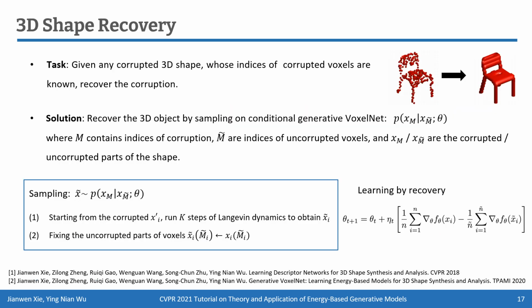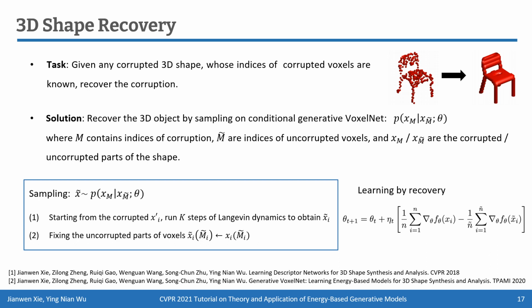3D shape recovery is another interesting application of the generative VoxelNet. Given a corrupted 3D shape with known voxel positions of the corruption, the goal is to recover the corrupted voxels. Here, I'm going to introduce a self-supervised method to achieve this goal.